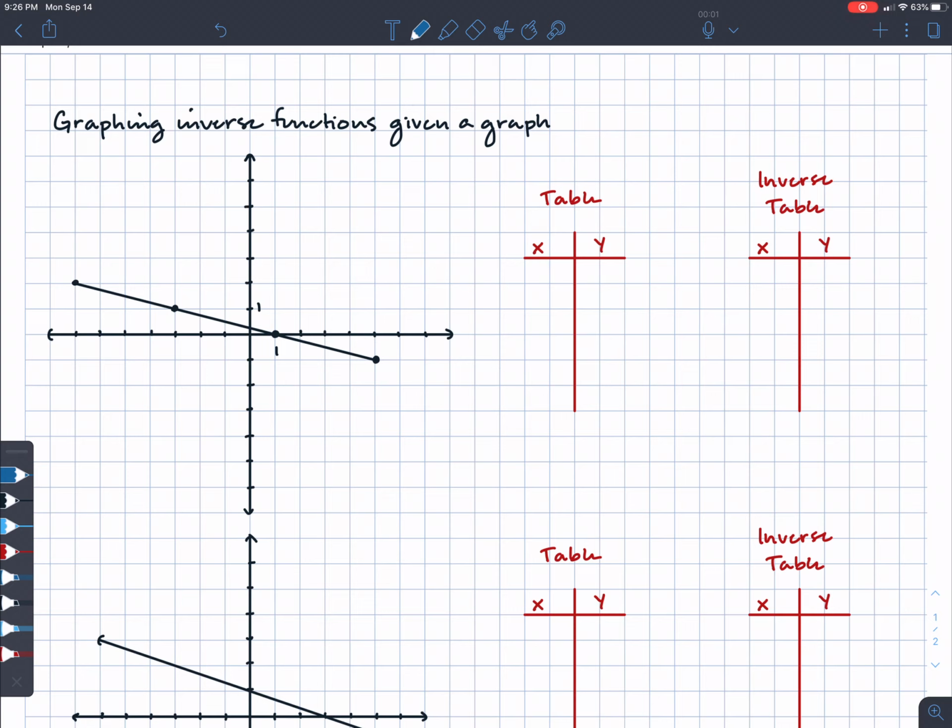I'm going to use these points to make my table. So counting by ones, we have 1, 2, 3, 4, 5, 6, 7, -7, up 2. So here is my first point, -7, 2. My next point looks like -3, 1.